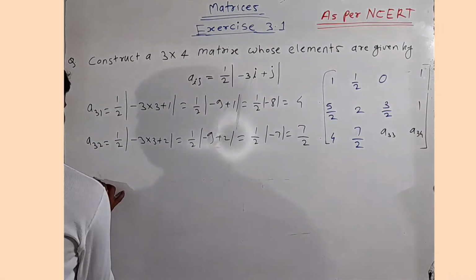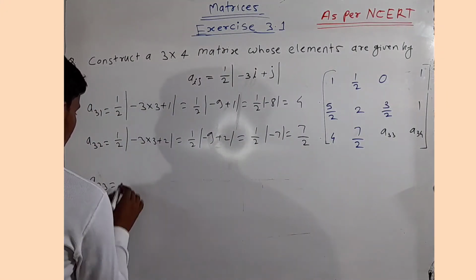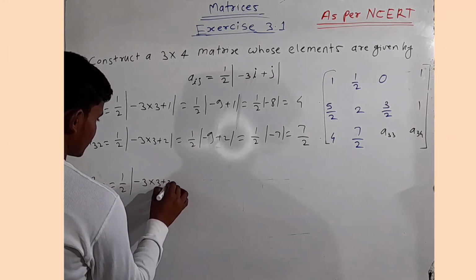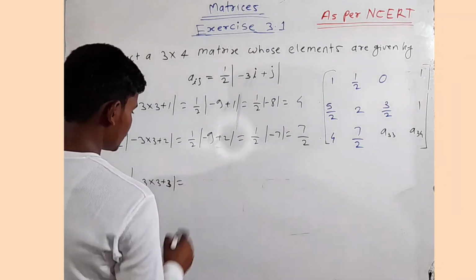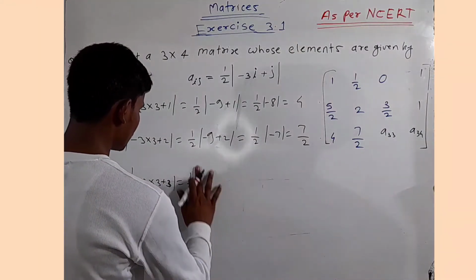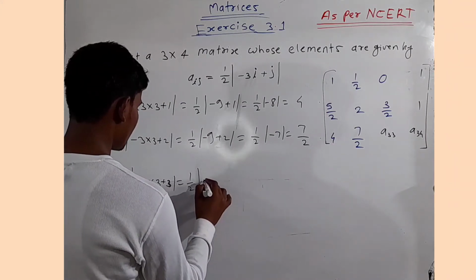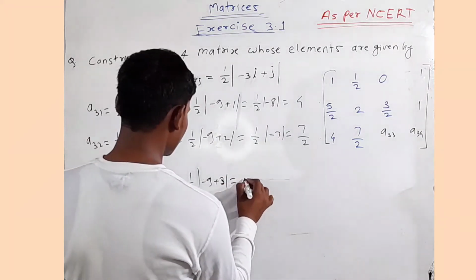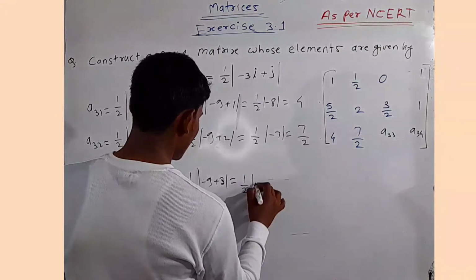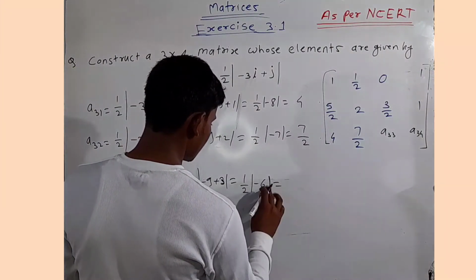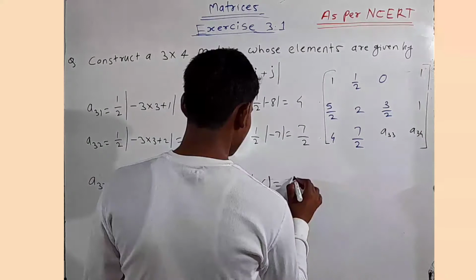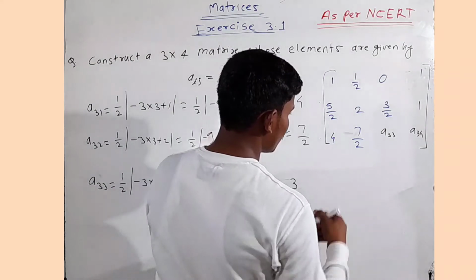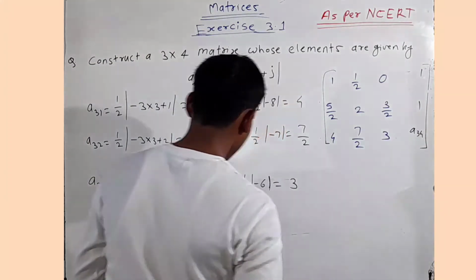Then next A33 equals 1 by 2 mod minus 3 into 3 plus 3, which equals 1 by 2 mod minus 9 plus 3, which equals 1 by 2 mod minus 6, which equals 6 by 2, that is 3. So the value of A33 is 3.